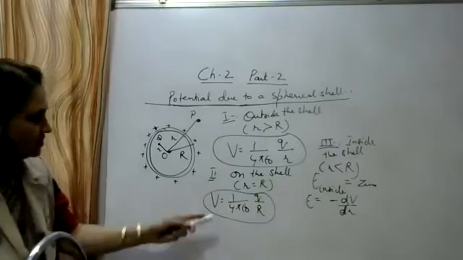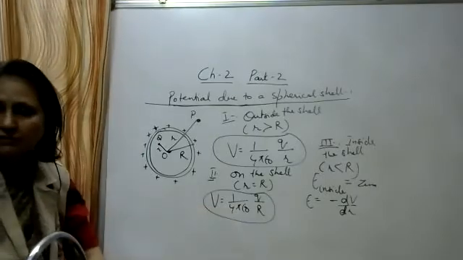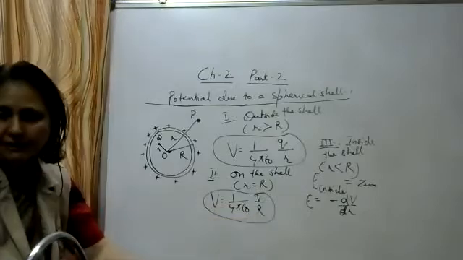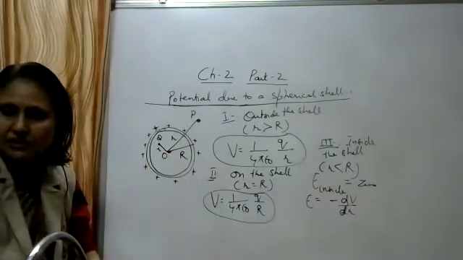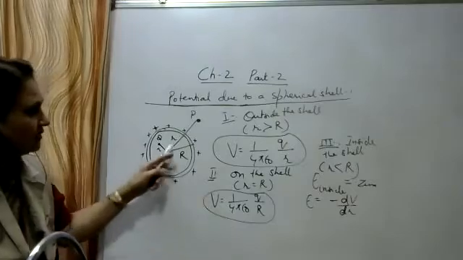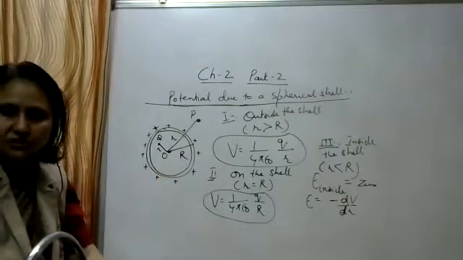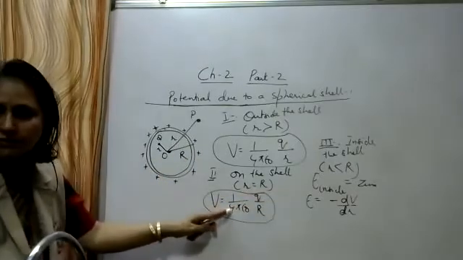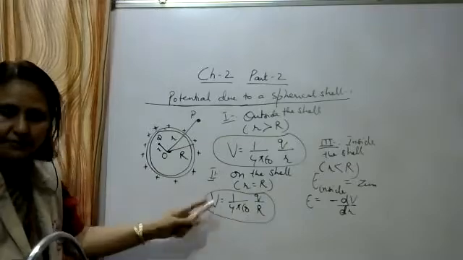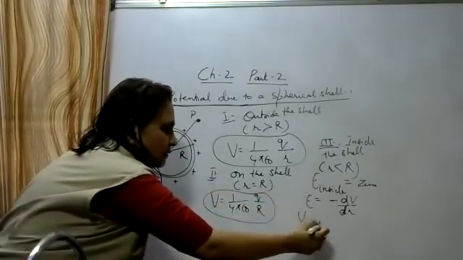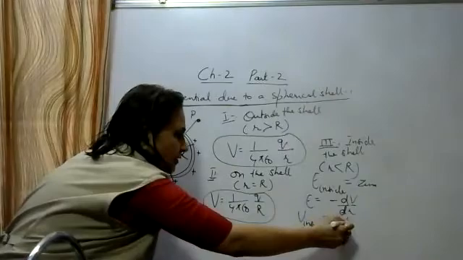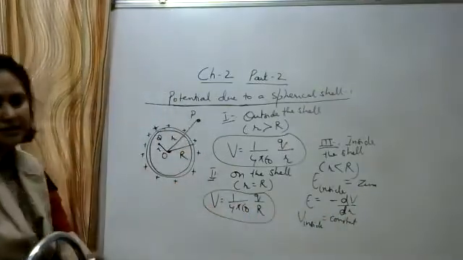So how much is on the surface? 1 upon 4 pi epsilon naught Q by capital R. Q is the charge distributed on this spherical shell, and capital R is the radius of the spherical shell. So the potential inside is constant, the same as that on the surface.